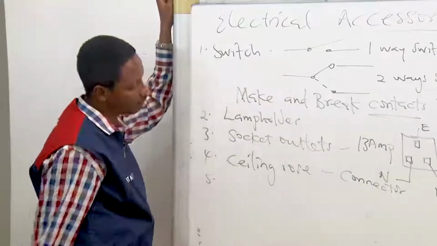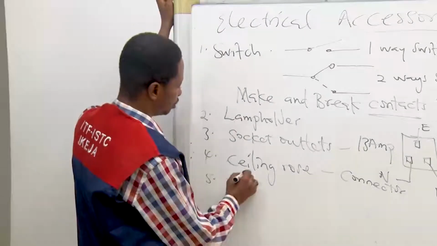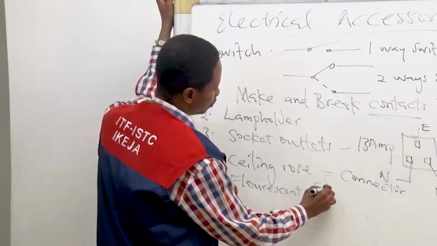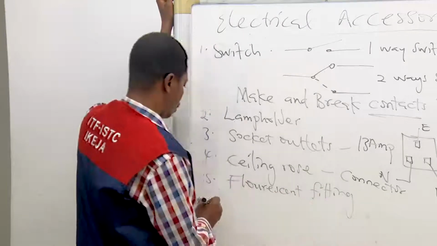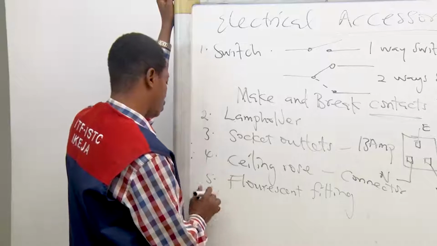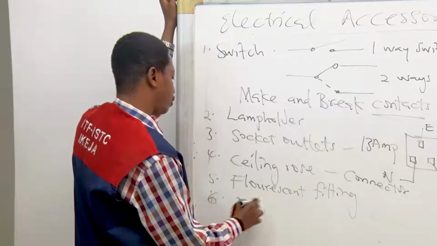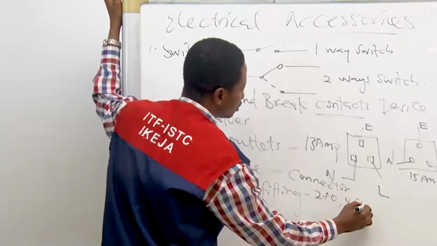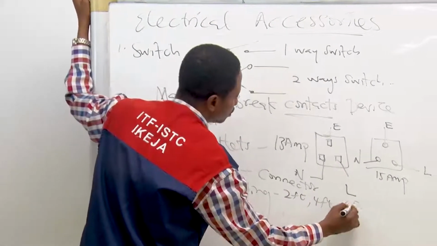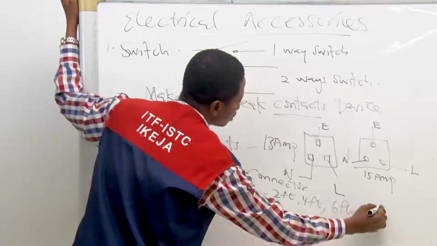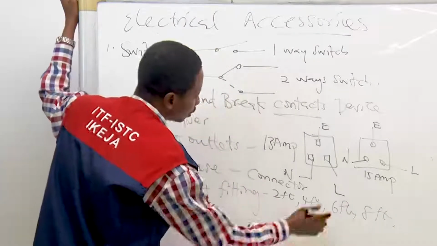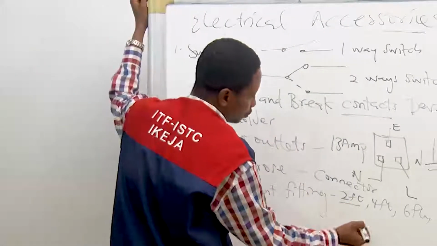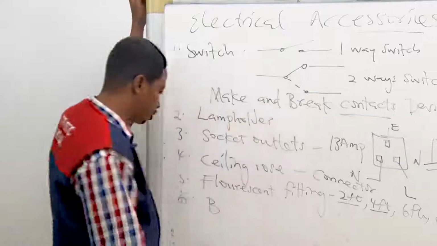We have fluorescent fittings. Fluorescent comes in 2 feet, 4 feet, 6 feet, and 8 feet. Sometimes in the olden days we had 5 feet fluorescent, but the most common are 2 and 4 feet fluorescent.